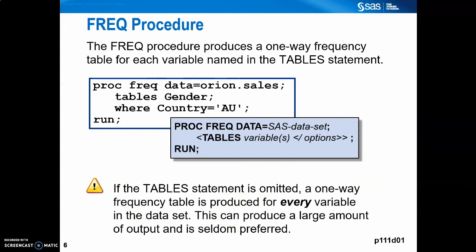This means there will be so much information produced if you do not state any variables in the TABLES statement, or you omit the TABLES statement. This can produce a large amount of output and is seldom preferred.